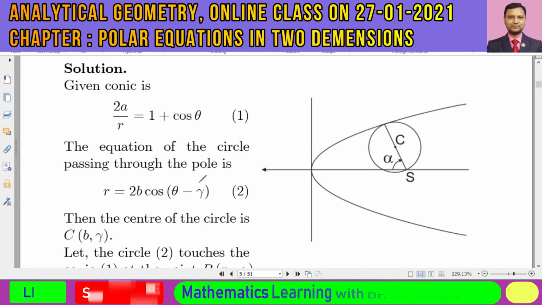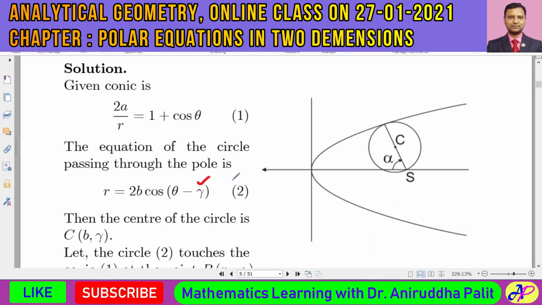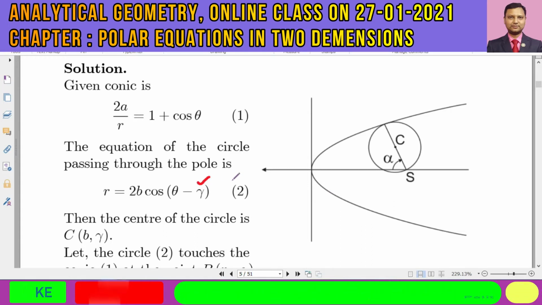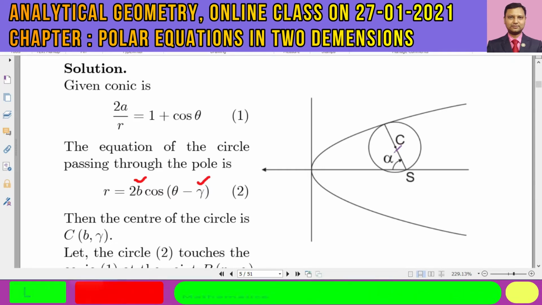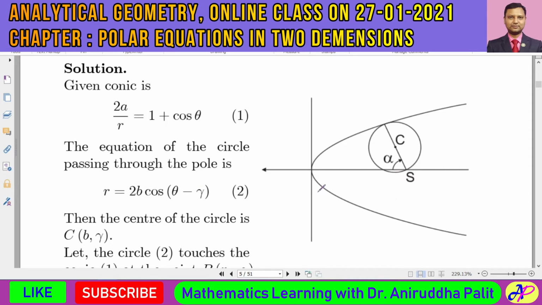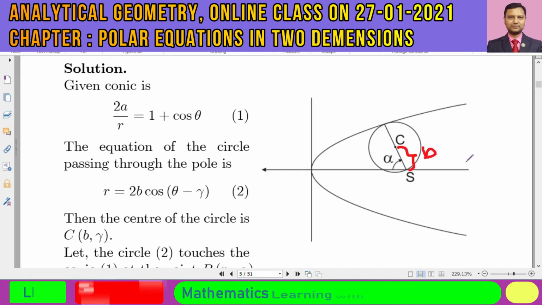Gamma would be an angle, and we need to determine that particular angle. And twice b: b is actually the radius of the circle, not diameter, and twice b is the diameter of the circle. So this much length is actually equal to the length b, the radius of the circle.